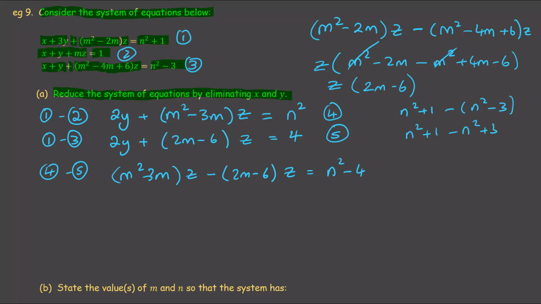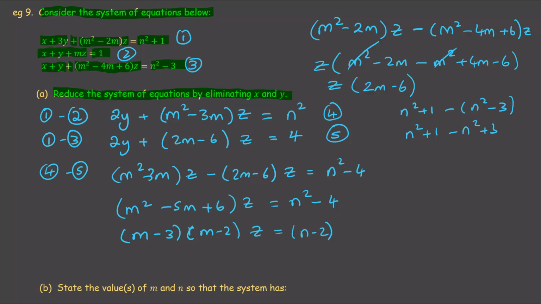And tidying that up gives me m squared minus 5m plus 6 z's is equal to n squared take away 4. Now I could write this as m minus 3, m minus 2, z's is equal to n minus 2, n plus 2.